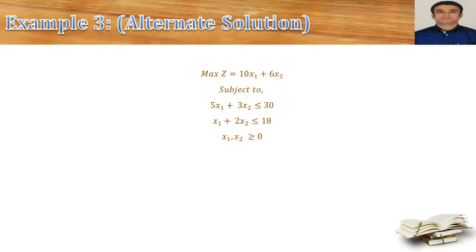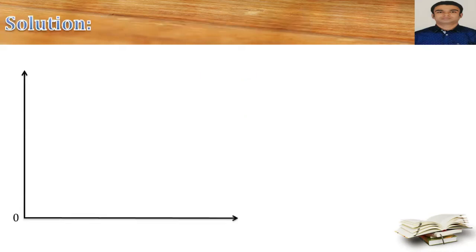We want to solve this problem using the graphical method. We assume variable x1 on the horizontal axis and variable x2 on the vertical axis. Our first constraint is 5x1 plus 3x2 is greater than or equal to 30.